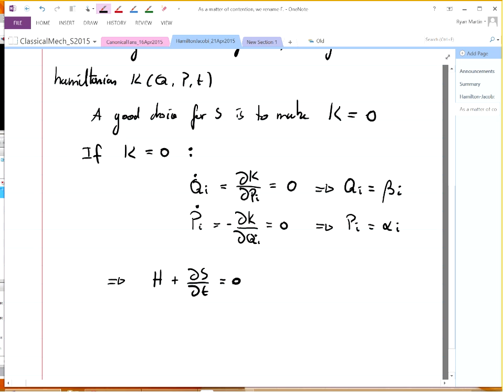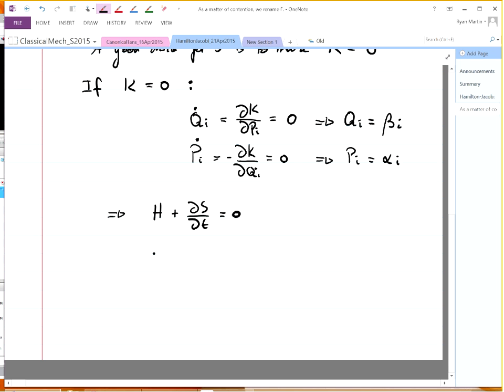Right? That's what K is. K is equal to H plus ∂S/∂t. So H, to be explicit, is a function of lowercase q_i, lowercase p_i, and t.